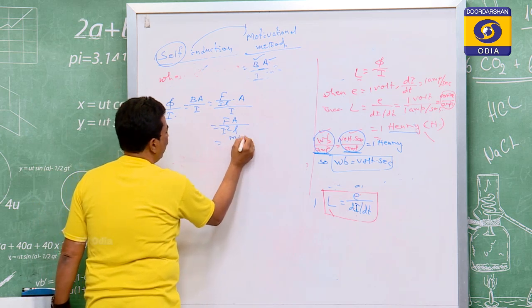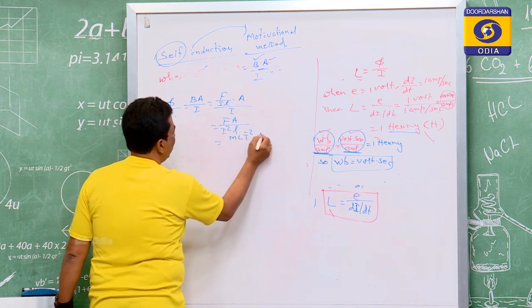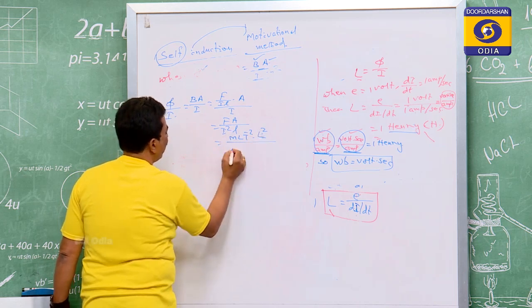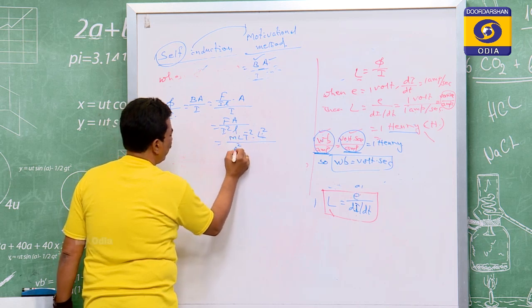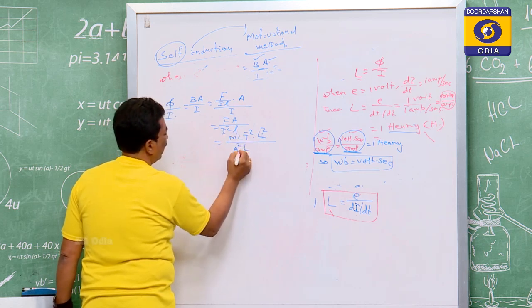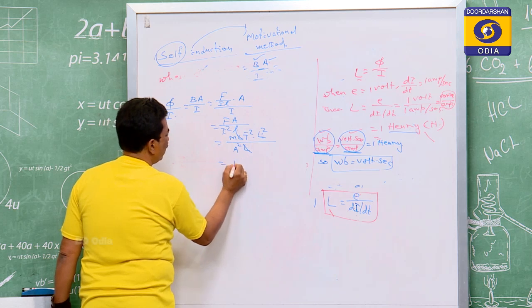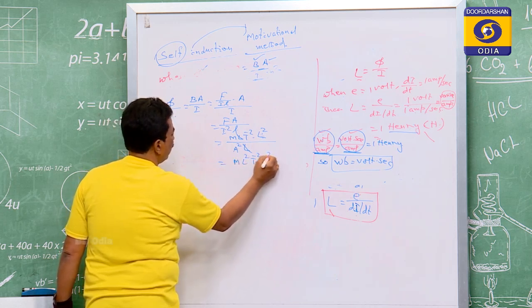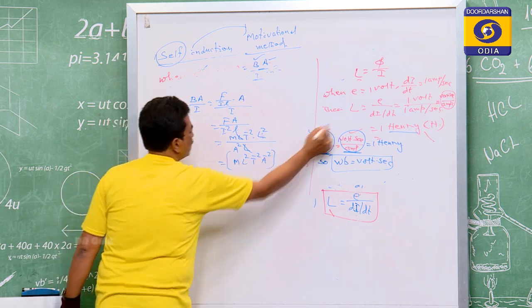Force dimension is M L T to the power minus 2. A dimension will be L square. I dimension is ampere, so I square is capital A square, and L. You see, this L will cancel. So we get M L square T to the power minus 2 A to the power of minus 2 from this definition.